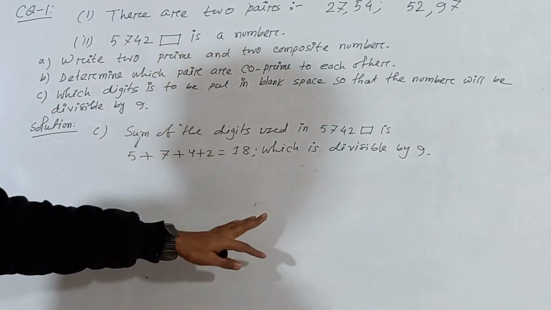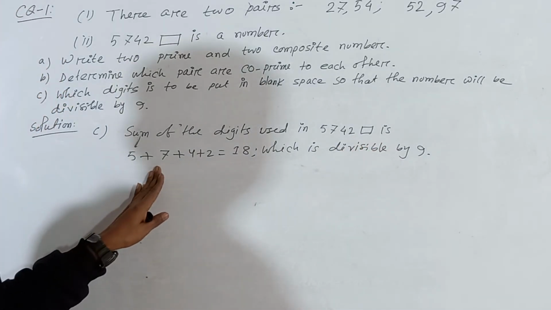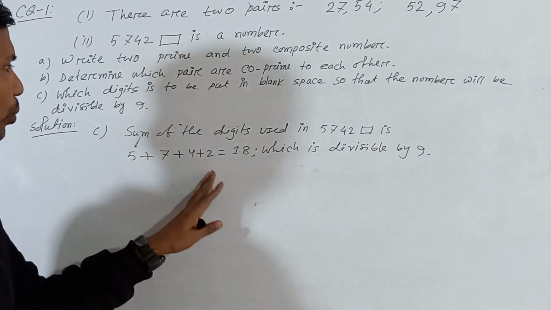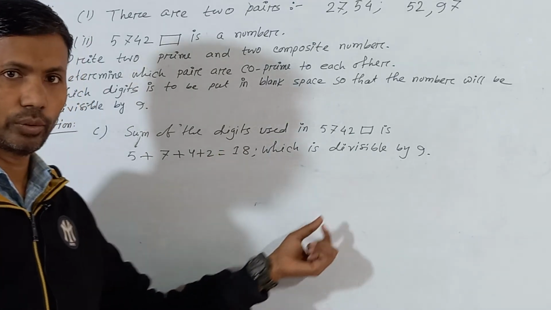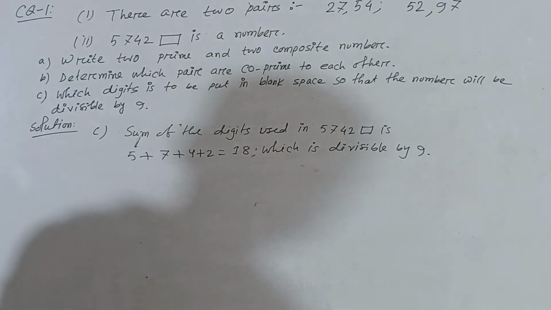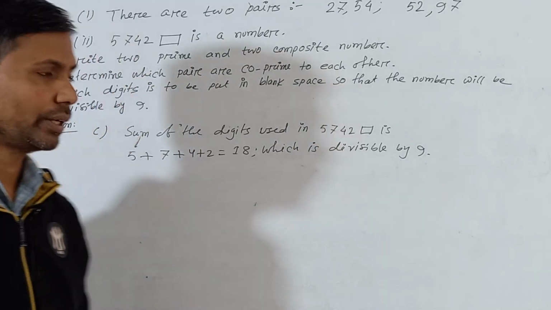Look, the sum of the digits used in this number is 5 plus 7 plus 4 plus 2 equals 18, and 18 is divisible by 9. Okay, student, that is why we can say 5742 is divisible by 9.